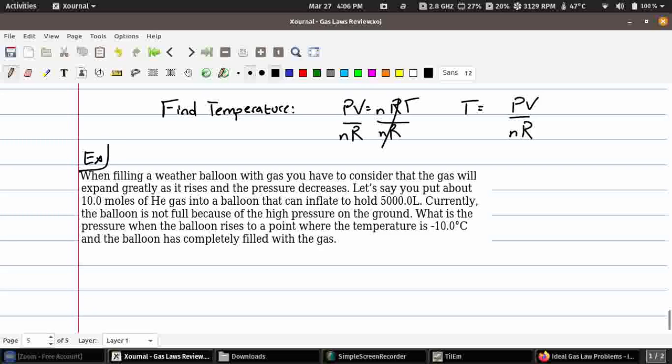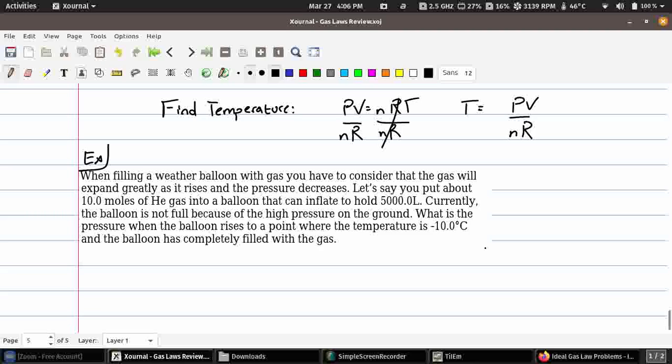When filling a weather balloon with gas, you have to consider that the gas will expand greatly as it rises and pressure decreases. Let's say you put about 10 moles of helium gas into a balloon that can inflate to hold 5,000 liters. Currently, the balloon is not full because of the high pressure on the ground. What is the pressure when the balloon rises to a point where the temperature is negative 10 degrees Celsius and the balloon is completely filled with gas?